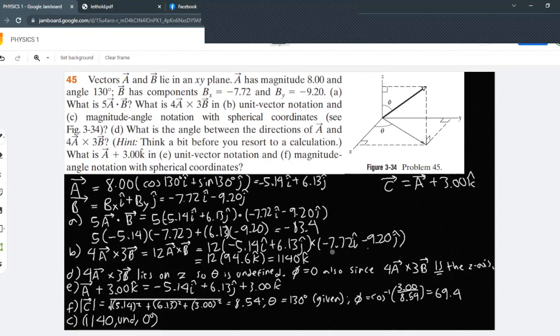Ngayon yung phi, so ang importante lang dyan ay yung angle. So to get phi, paano ba nakuha yung phi? So 3 divided by 8.54, cosine inverse. Okay. So okay na. So let's go to the next item.